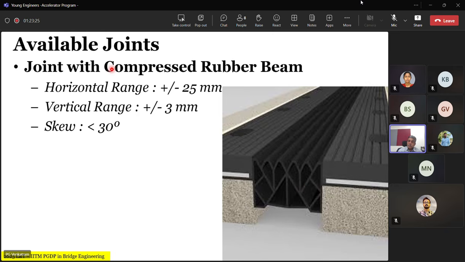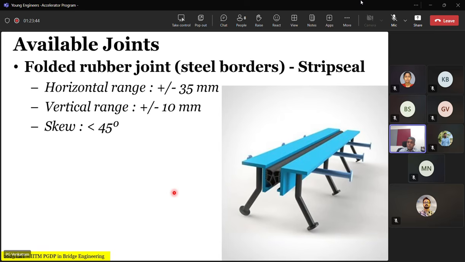So this is a compression seal, compressed rubber beam they call it, because it can withstand much larger movement in the range of 25, and it can also withstand vertical movement of the order of about 3 millimeters. That's possible, and it is good for skew less than 30 degrees.